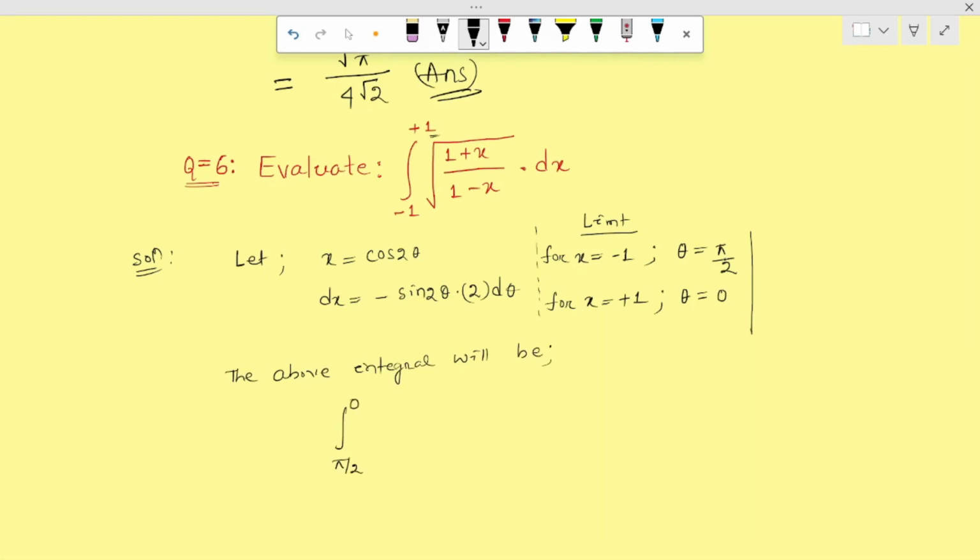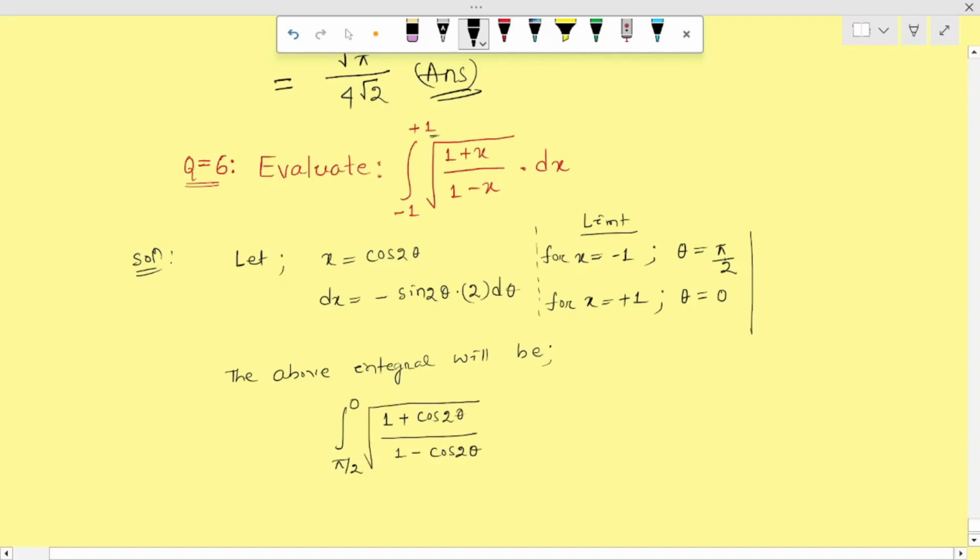Here instead of x we have to substitute cos 2 theta. So root of 1 plus cos 2 theta by 1 minus cos 2 theta, into, instead of dx we have to substitute this value, minus sin 2 theta into 2 into d theta.